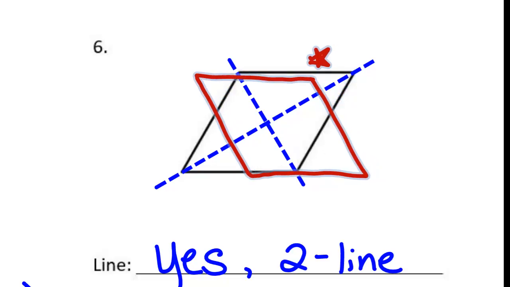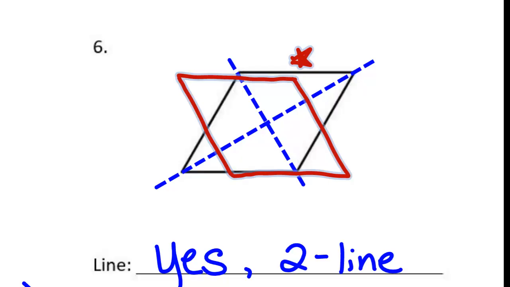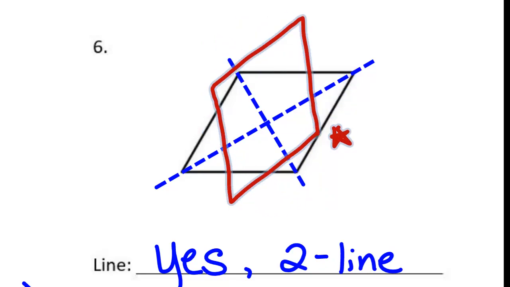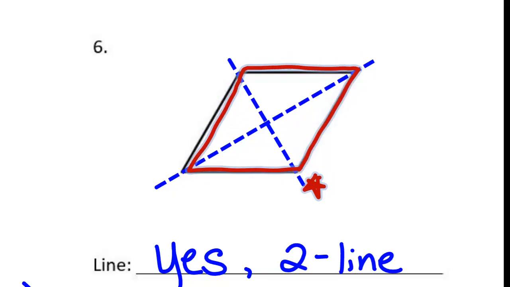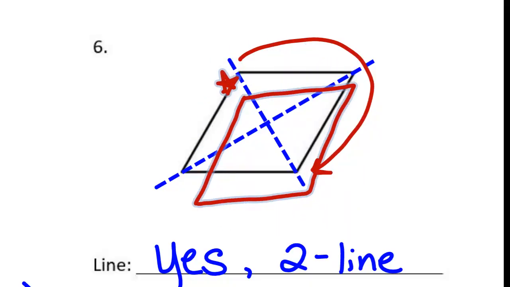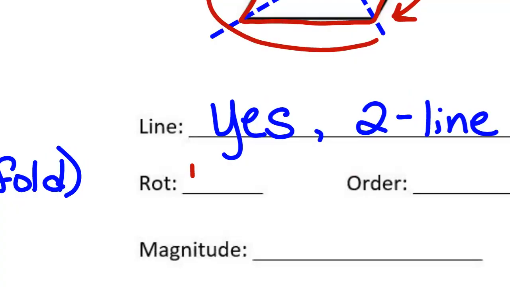No matter how I try to scoot it around, I can't get it to land on top of itself. But if I keep rotating, that one matches. So I can go from this corner down here, and then I want to finish going all the way around to the beginning. So I'm going to rotate back until it lands on top of itself. So yes, we have rotational symmetry.